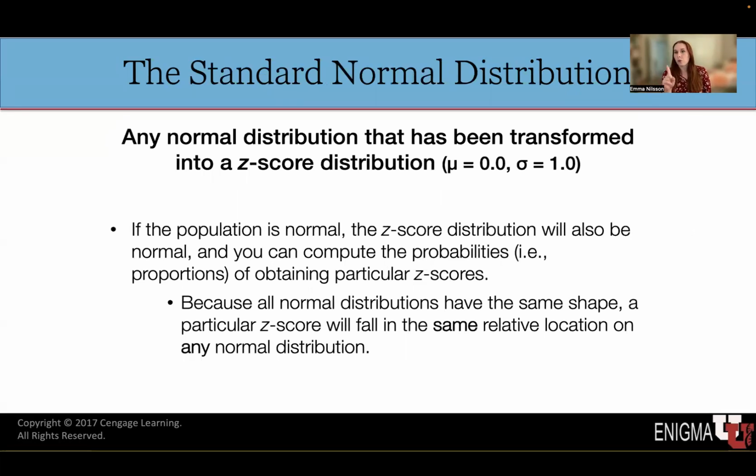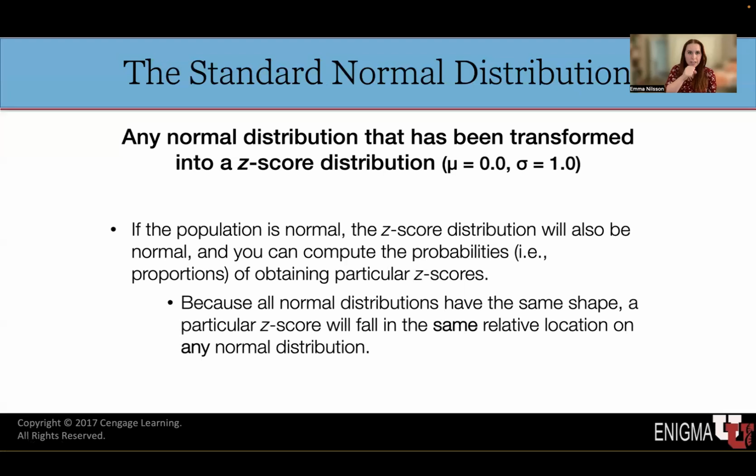So the standard normal distribution set up here is any normal distribution that's been transformed into a z-score distribution. So basically what we were learning how to do in the last lecture, transform any raw scores into z-scores. Once we've transformed it into a z-score distribution, it's also called the standard normal distribution.